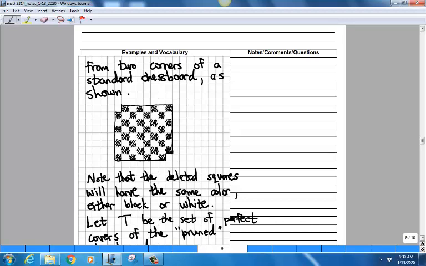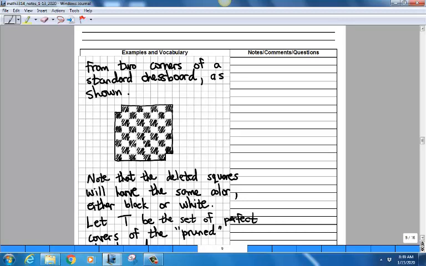I want to cover the chessboard with dominoes. And so this set here would be the set of possible tilings or perfect covers of this pruned or occluded chessboard.